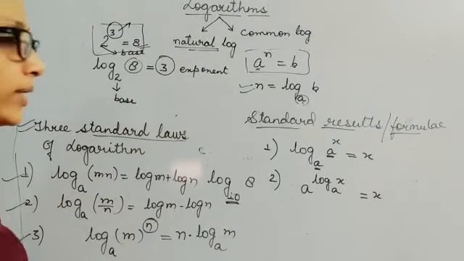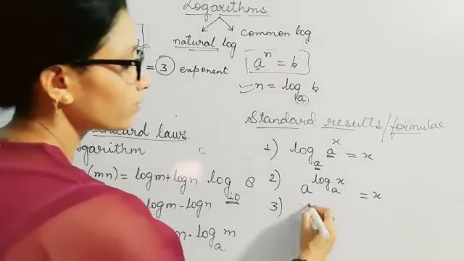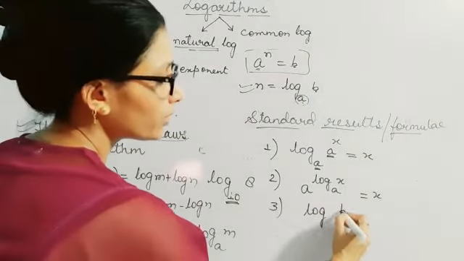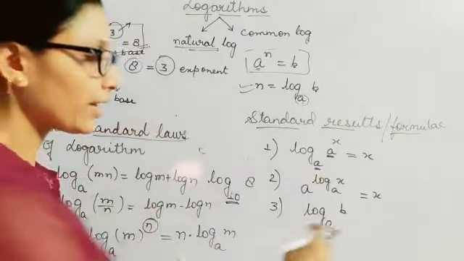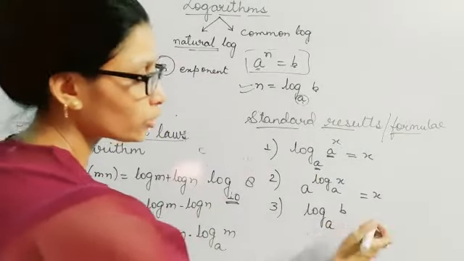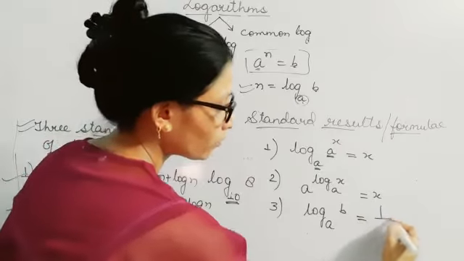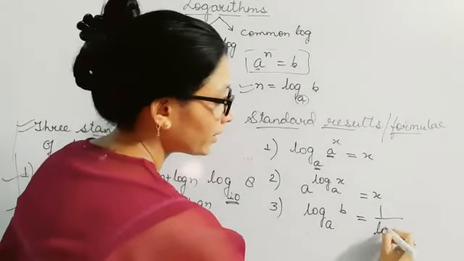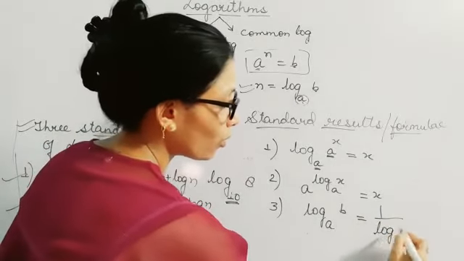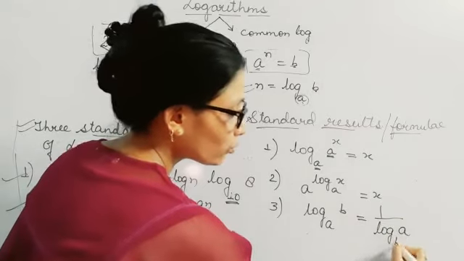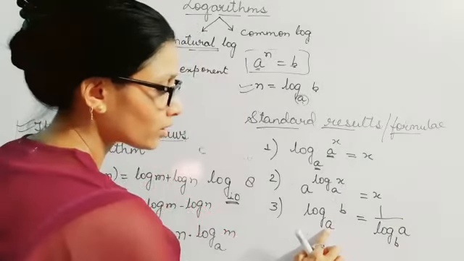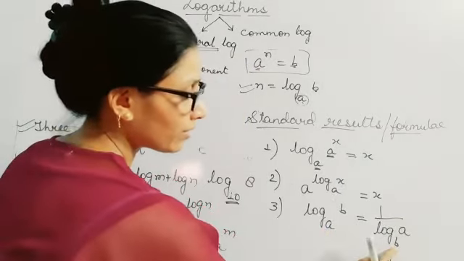The third one is, if you are given log of b to the base a, and you want to interchange these two, then you can write it as 1 upon log of a to the base b. Look here, this is base a and here I have made it b.